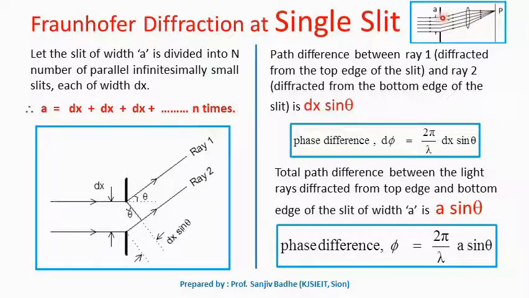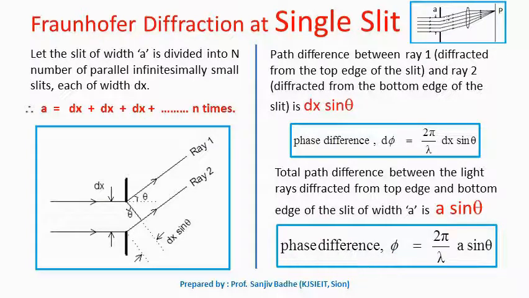If we find the path difference between the light ray diffracted from the top of the slit of width A and the light ray diffracted from the bottom of the slit of width A, this path difference is A sin theta, and the corresponding phase difference between the topmost light ray and the lowest light ray is 2 pi by lambda into A sin theta. Let us call it phi.